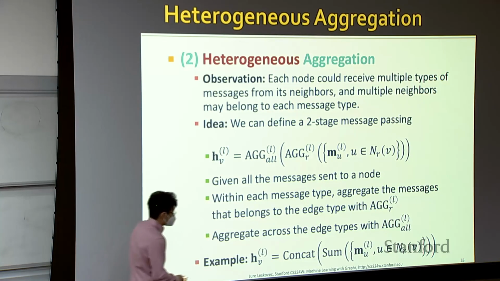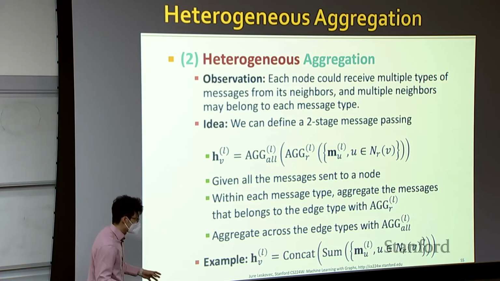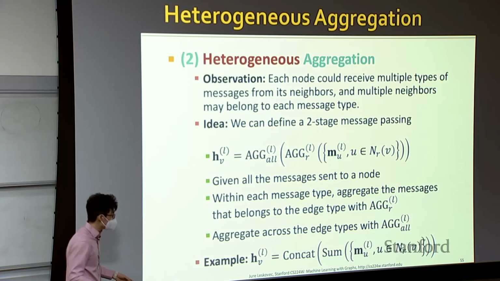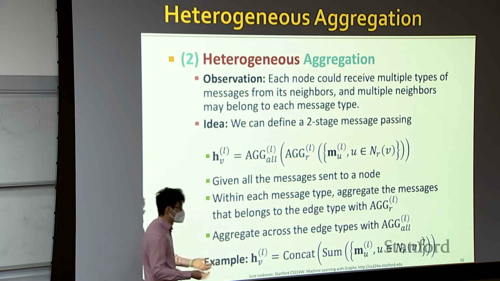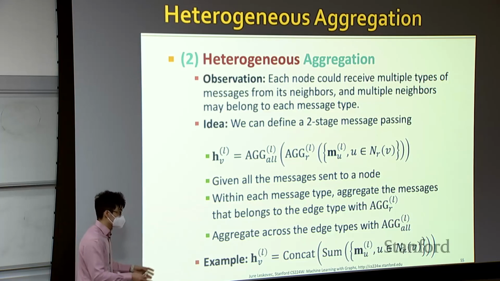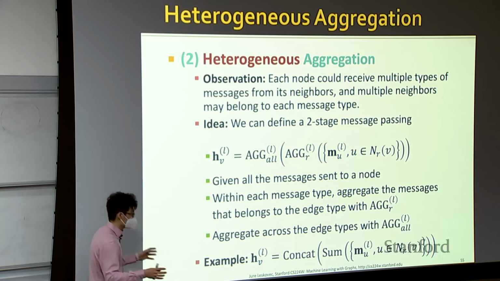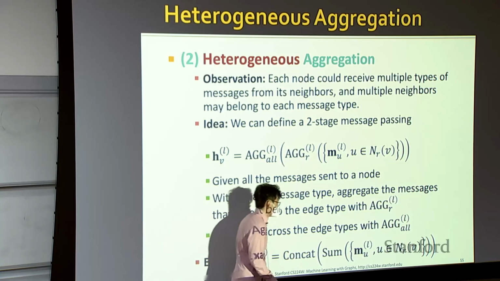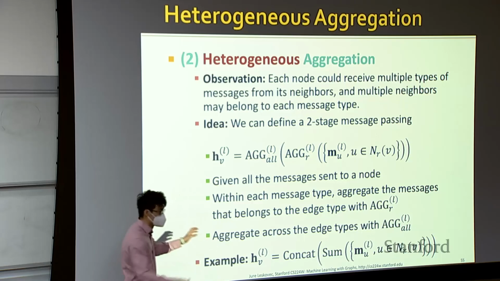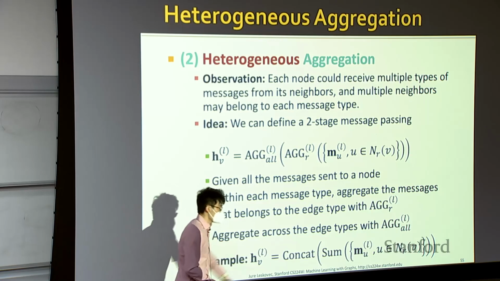The purpose of using concatenation is that we do not have to consider the permutation invariant property, right? Because let's say we have defined 5 different relation types. They are clearly defined, so these 5 relation types are explicit, and we do not have to consider the ordering here. So concatenation is the most expressive way that we can keep everything we have learned for these 5 relation types. So the second aggregation could be the concat function.